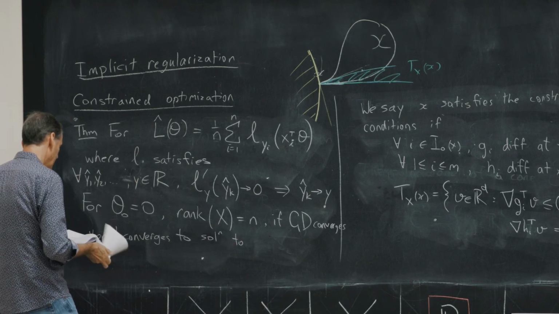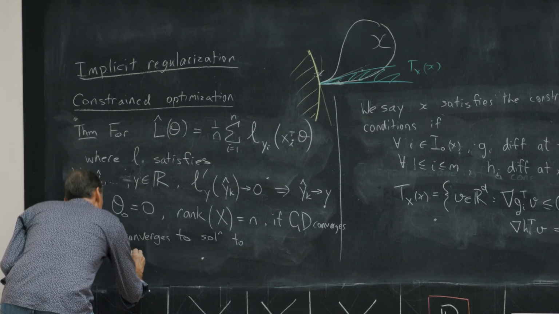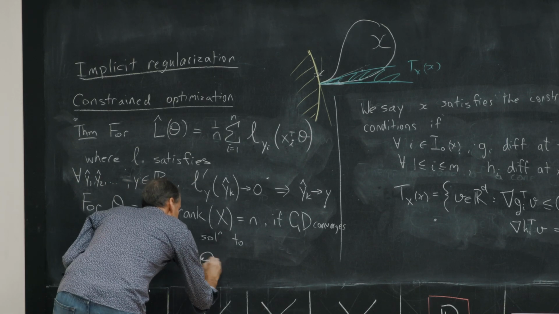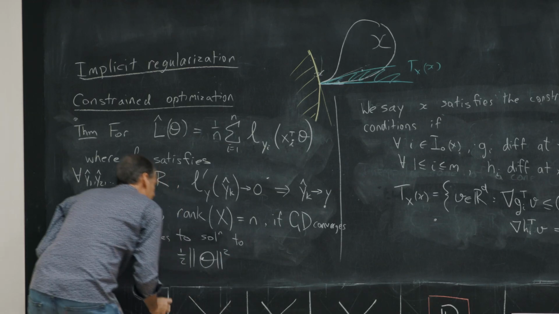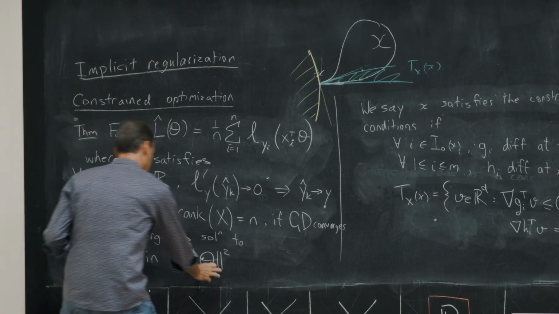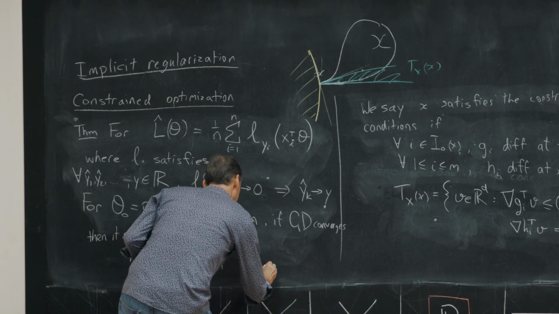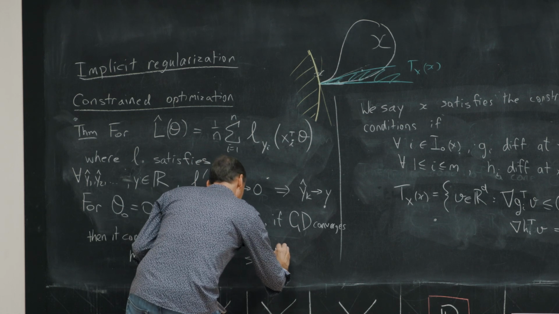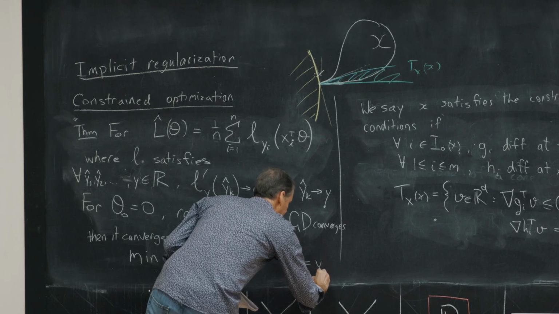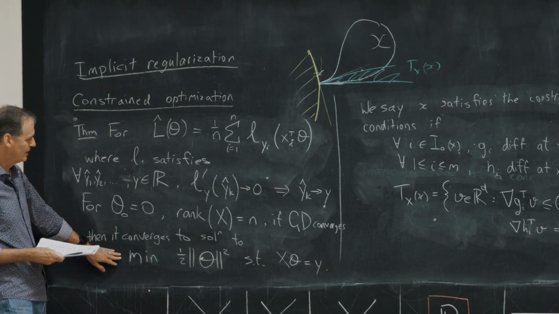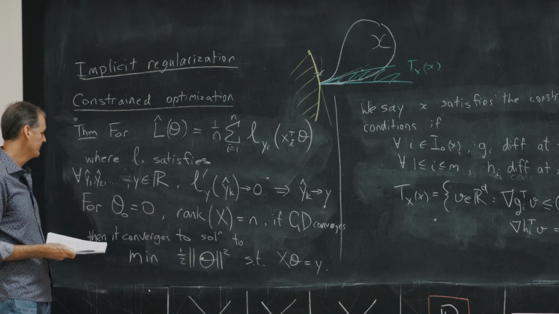Sorry, let me write that out: the min of the Euclidean norm of the parameter vector such that x theta equals y. This was the optimization problem that we saw previously.